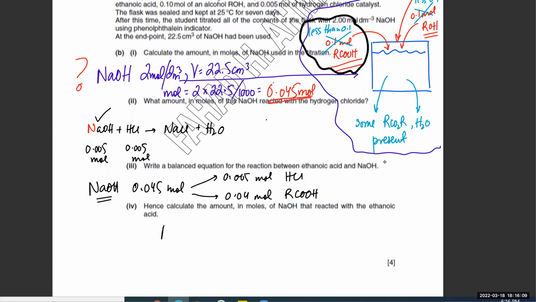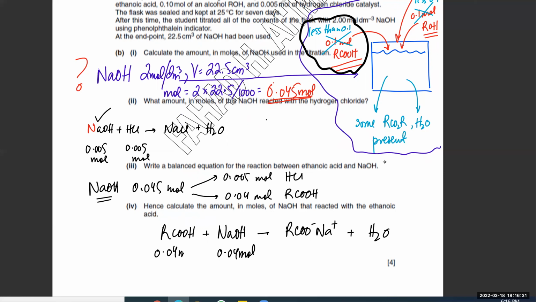So we'll make the equation कि the carboxylic acid would react with NaOH and it would form a salt and a water molecule. It's again 1:1. तो अगर 0.04 moles NaOH react कर रहे हैं तो the amount of ethanoic acid would also be 0.04 moles.